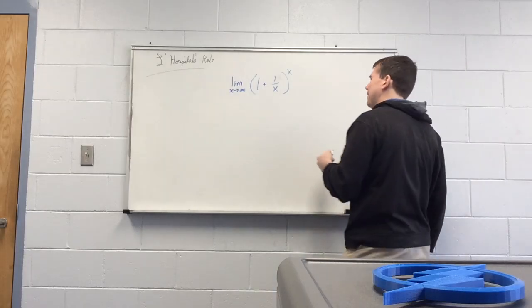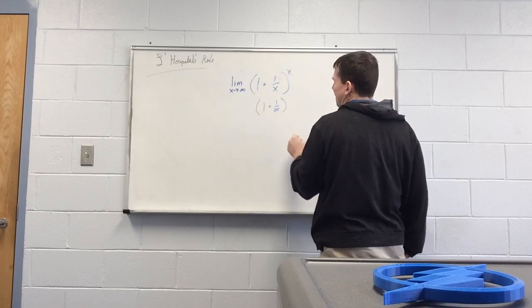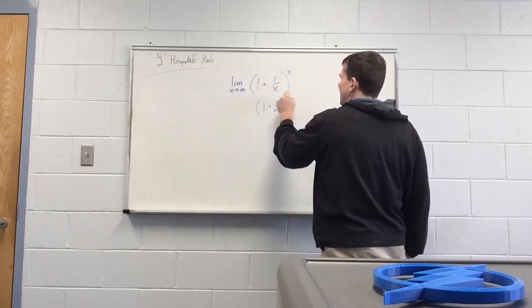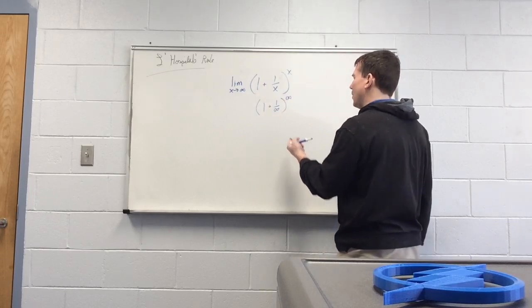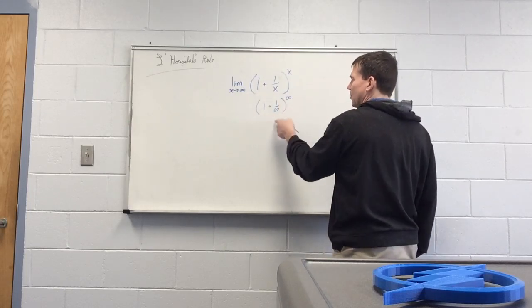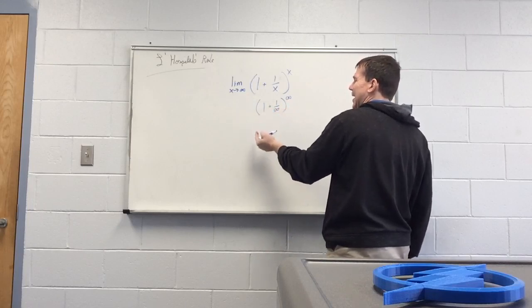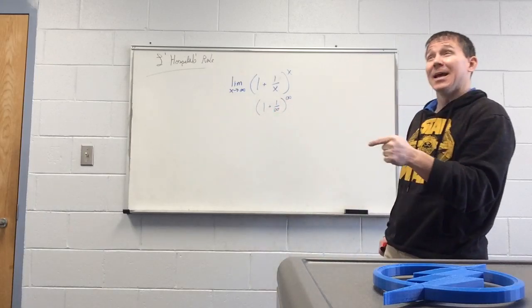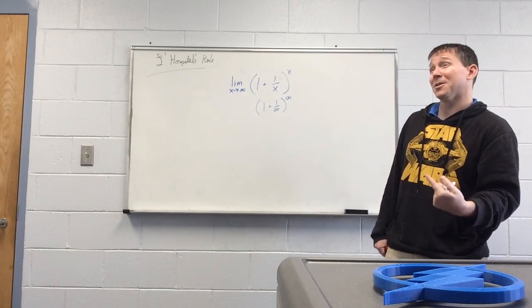If I plug in infinity, I get 1 plus 1 over infinity to the infinity. But, well, that approaches 0, so this approaches 1, but it's not 1 because you're always adding to it. And then it's being raised to infinity. And if you have something bigger than 1 raised to infinity, it should be getting bigger, but does it?